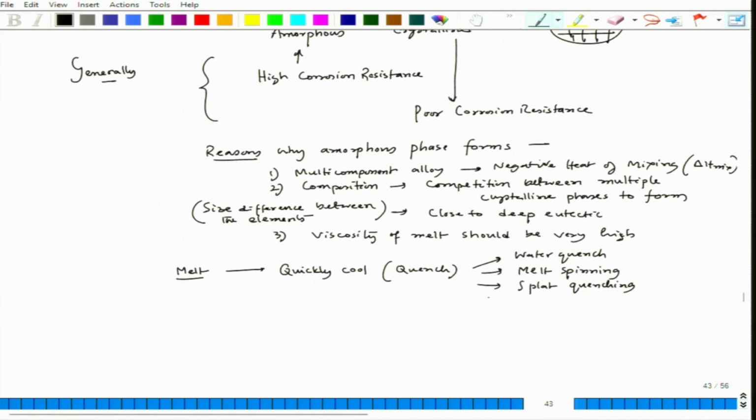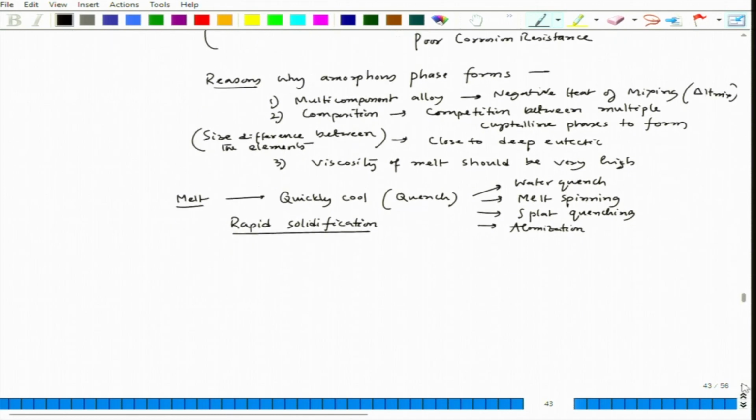Even atomization can convert the molten metal into a solid amorphous phase. Now, we term it rapid solidification. This rapid solidification allows the material to get to the amorphous condition, that means we do not allow any crystalline phase to form.